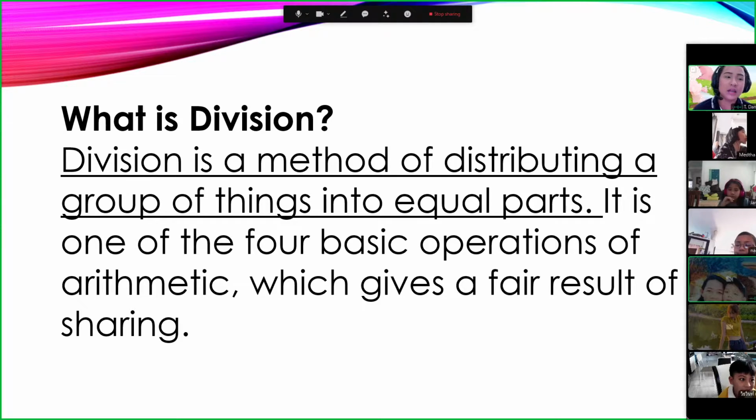You want to make a set of 5, it means you want each set to have 5 candies. So you just divide the 15 candies and you will have equal sets, sets with equal numbers of candies.